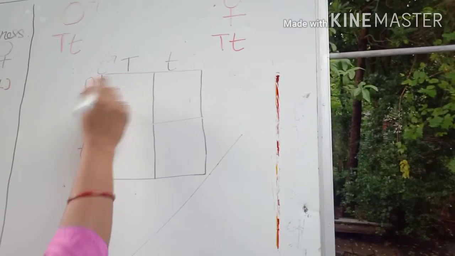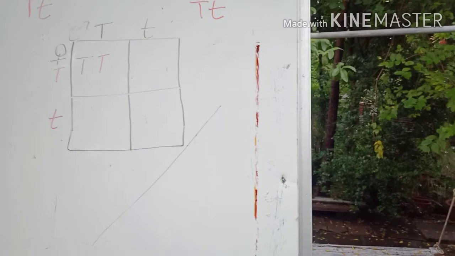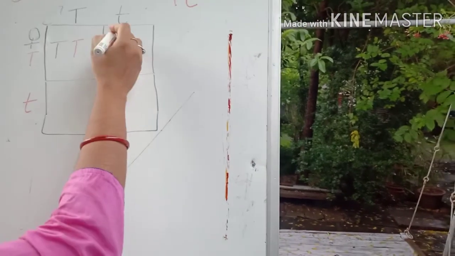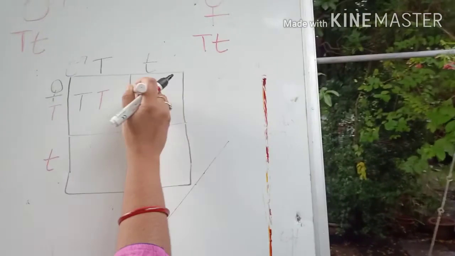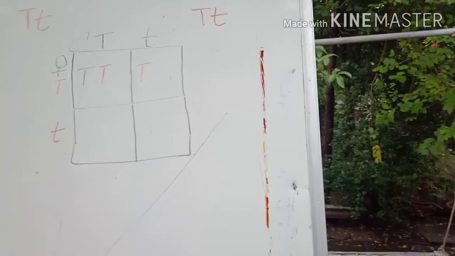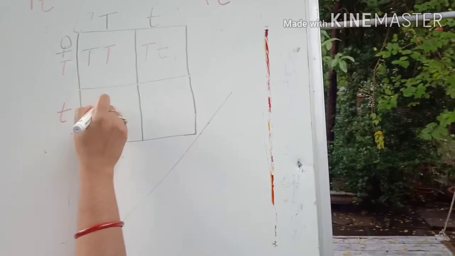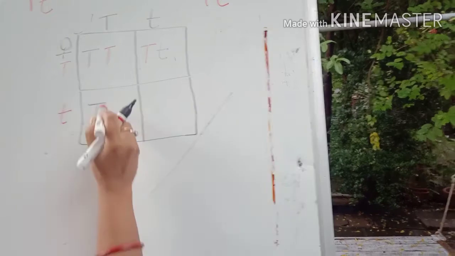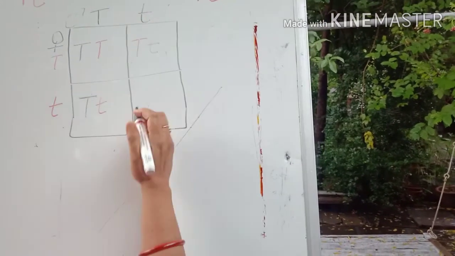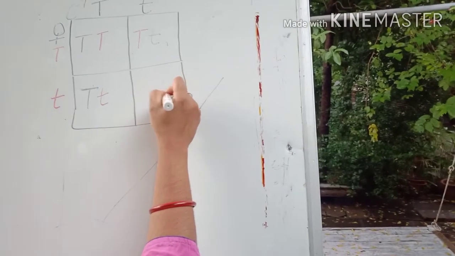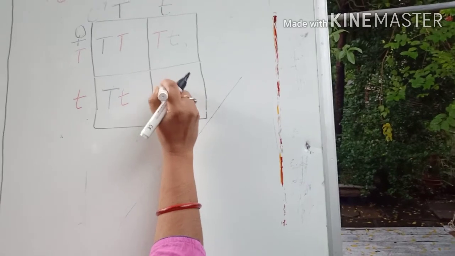Now you know how to write here. One will be capital T of the father, another is capital T of the mother. Here we have, see, capital letter is written first and then we write the small letter, capital T and then the small t. Here we have capital T and then we have the small t, and here what we are going to have, both are the small ones, small t and small t.